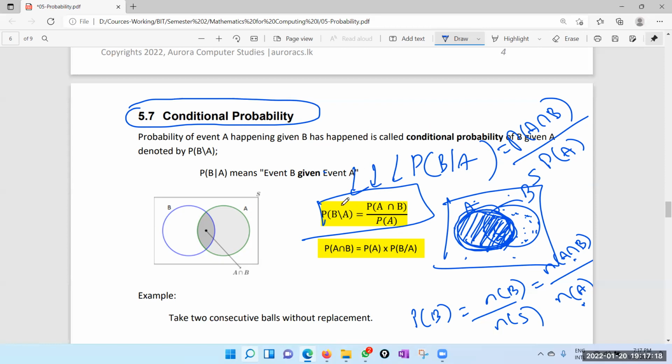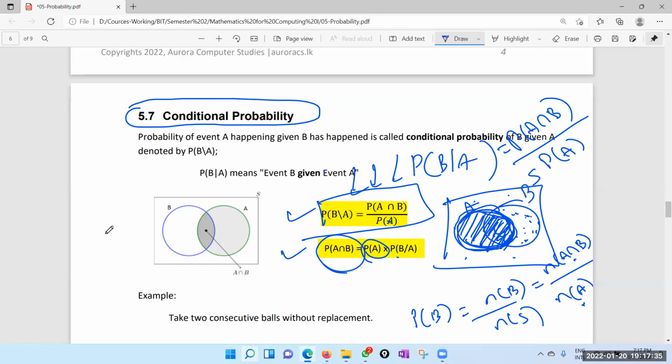Now, if I cross multiply this, I can write the same thing as P(A intersection B) is P(A) into P(B given A). Sometimes this format is useful, sometimes the other format is useful.